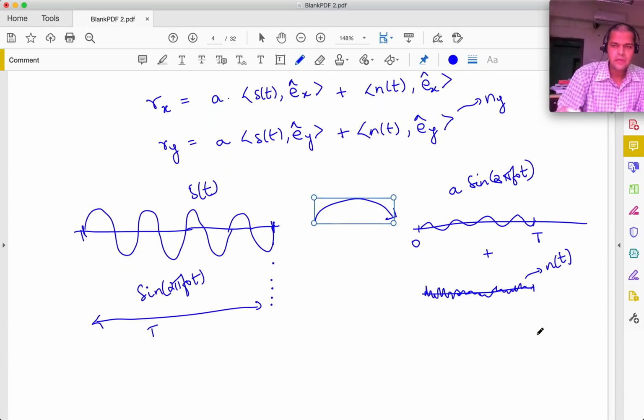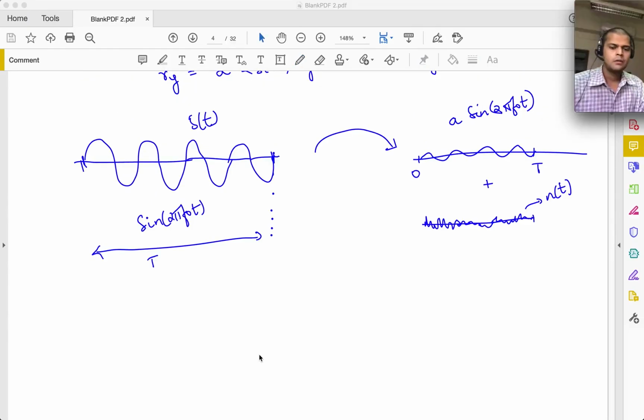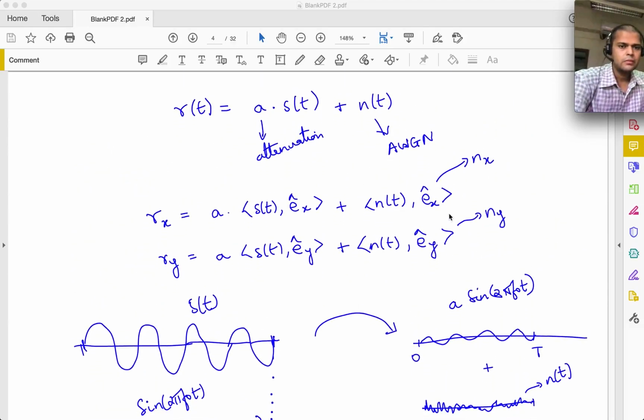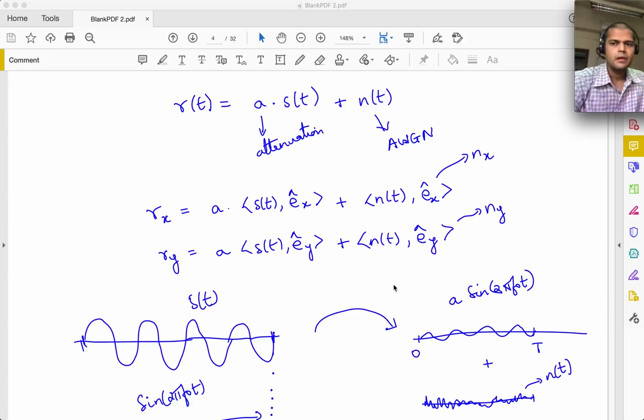I don't know in advance what the noise is going to be. So to summarize, a signal s(t) when it's sent across gets attenuated by a factor A, and some additive white Gaussian noise gets added.